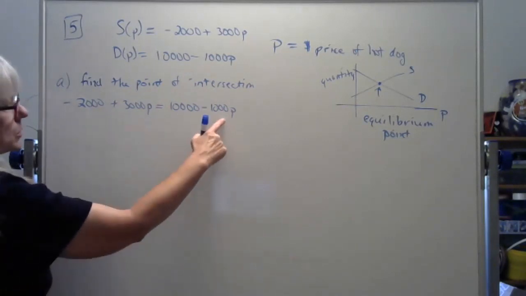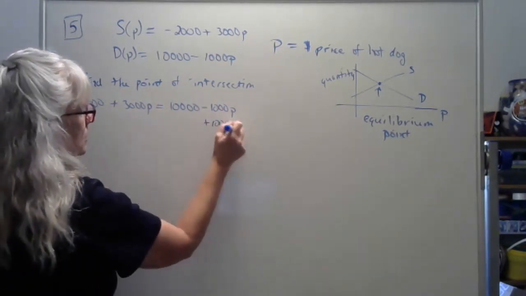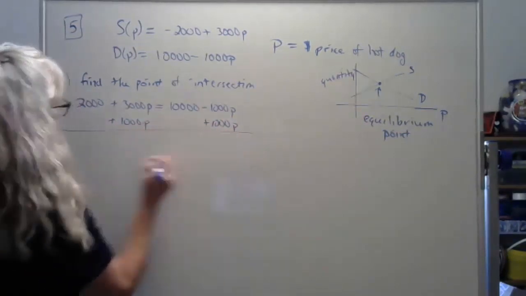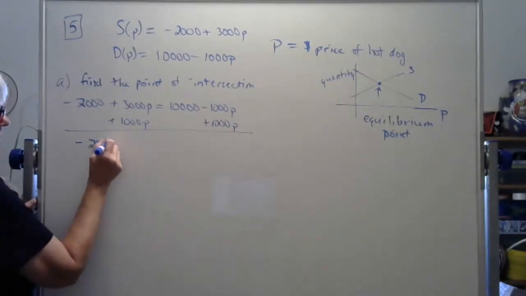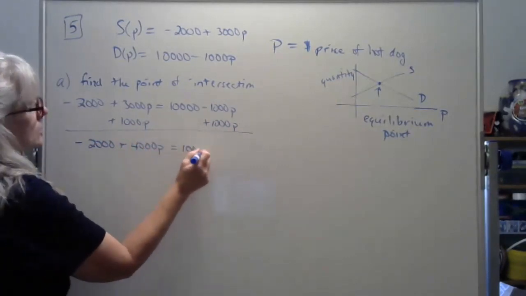I'm going to move the P's to the left side to make them a positive quantity. So I'll add the 1,000 P over. That'll give us negative 2,000 plus 4,000 P equals 10,000.